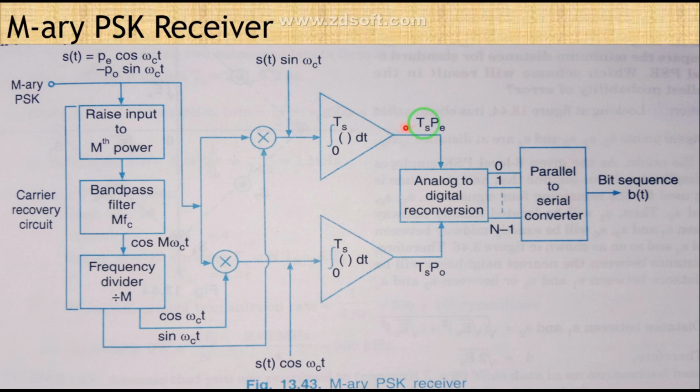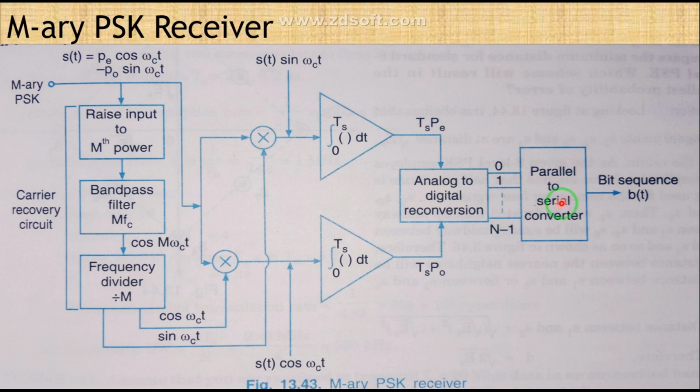Since it is non-offset, these outputs are applied to an analog to digital converter, which is going to produce the N-bit transmitted signal, 0 to N minus 1, that is a total of N bits.